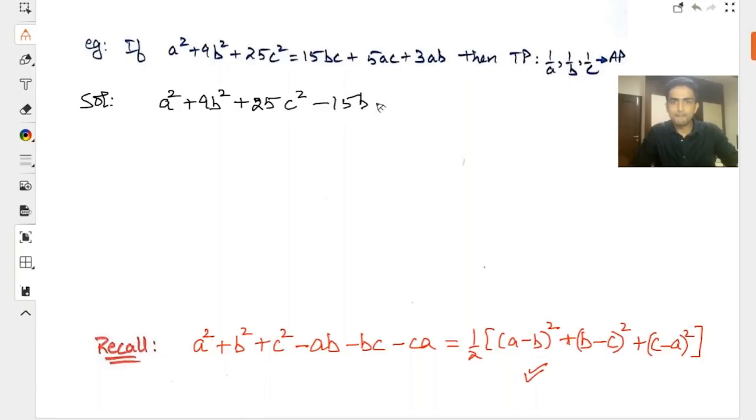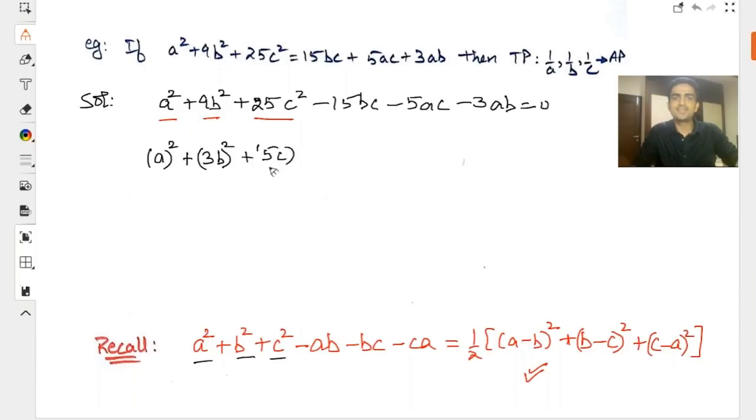We have a square, 3b square, 5c square, and then the product of first two terms, product of second and third term, product of first and third term.